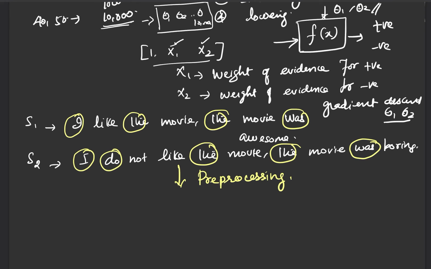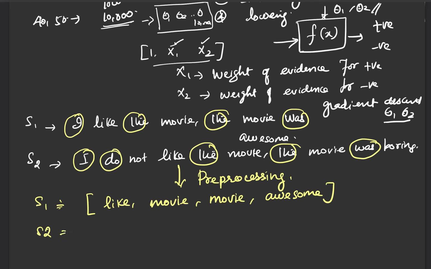So our input space becomes S1 equal to the list of the meaningful words: like, movie, movie, awesome. And the second sentence will have not, like, movie, movie, boring.